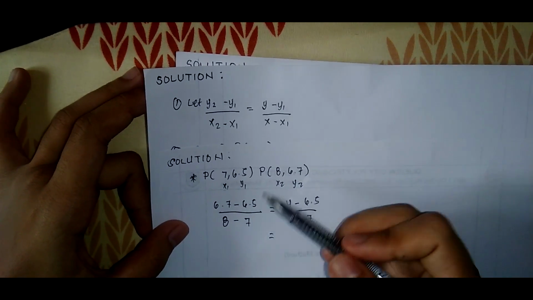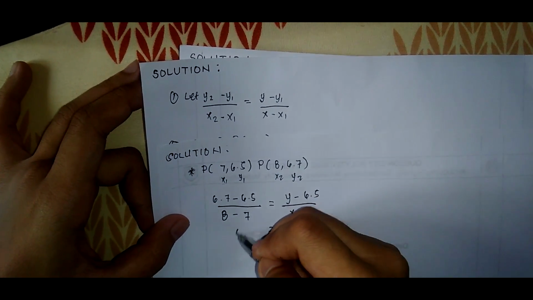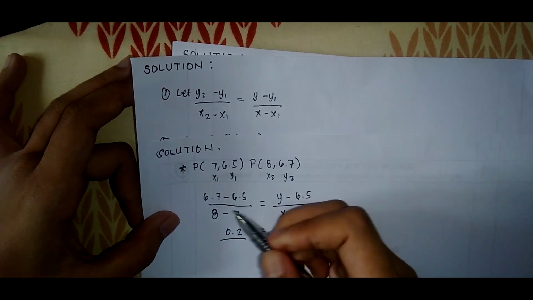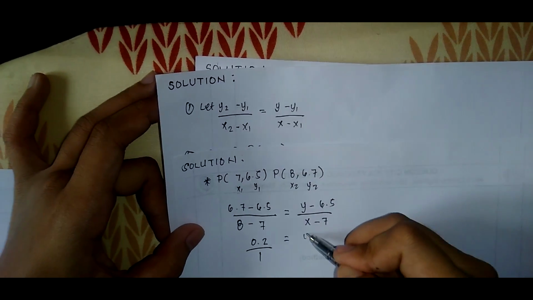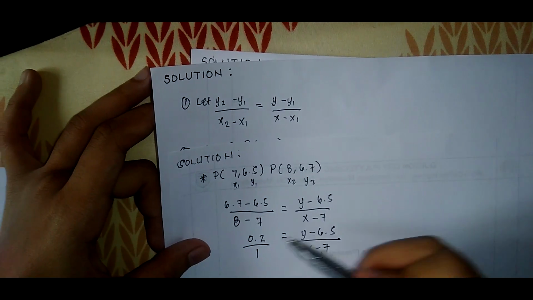6.7 minus 6.5 is equal to 0.2 over 8 minus 7, 1, then copy 6.5, then cross multiply.